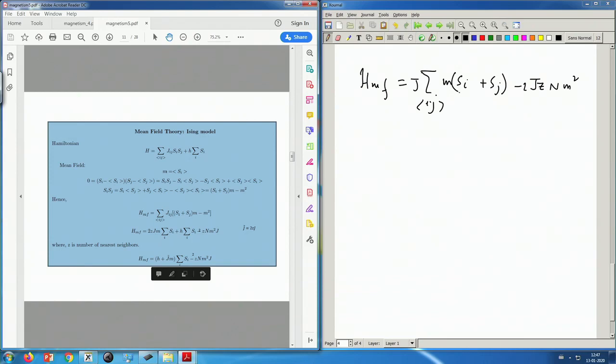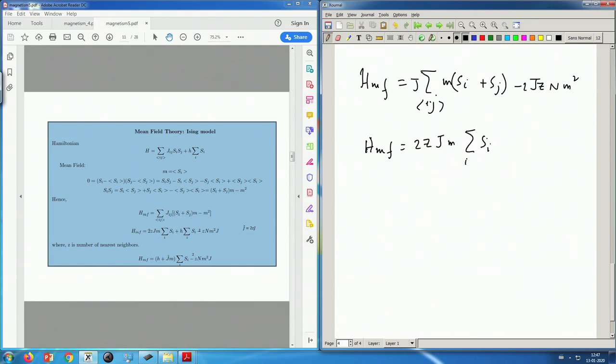Now, this i, as I said, there is nothing to distinguish i from j, except that i and j were nearest neighbors. So, we can just replace this by H_mf equal to 2 z J m sum over i S_i, because in this sum one of the indices is free now, i or j.